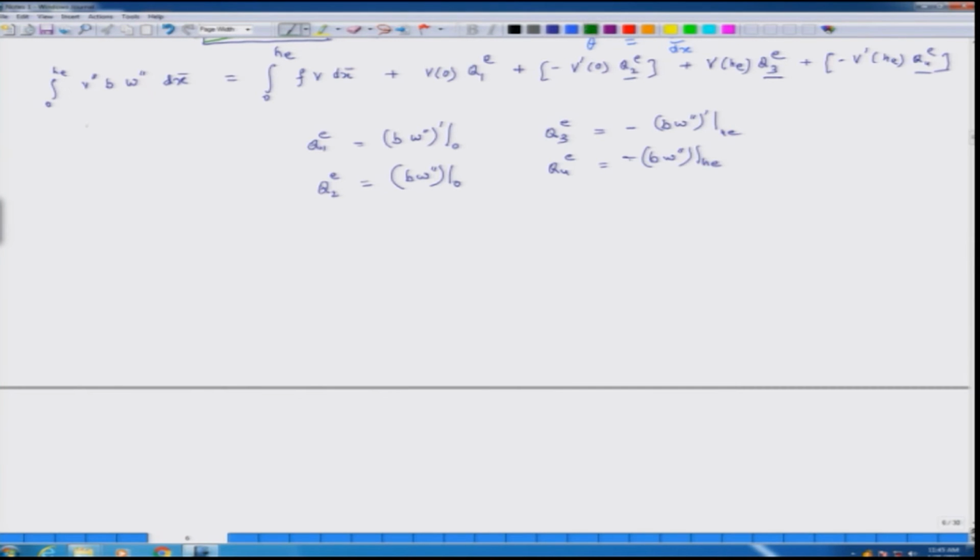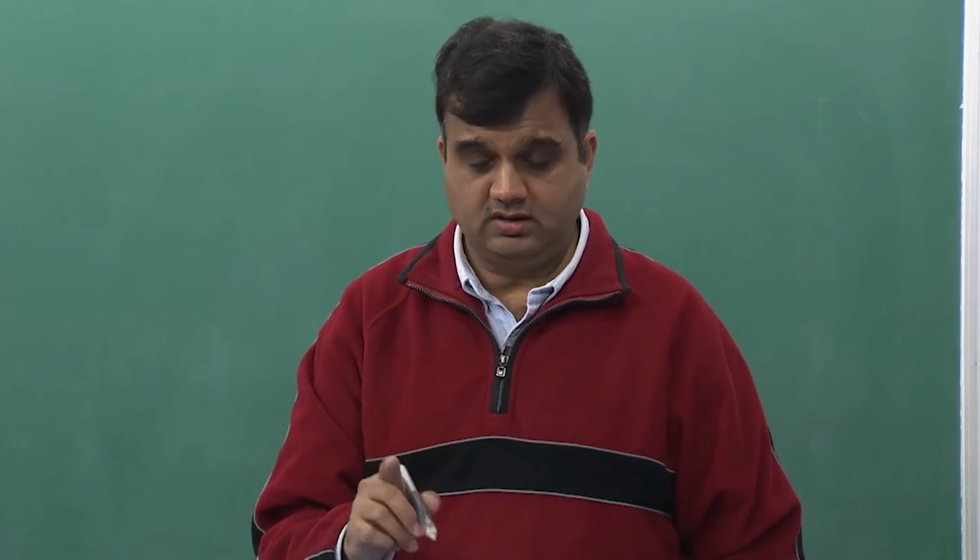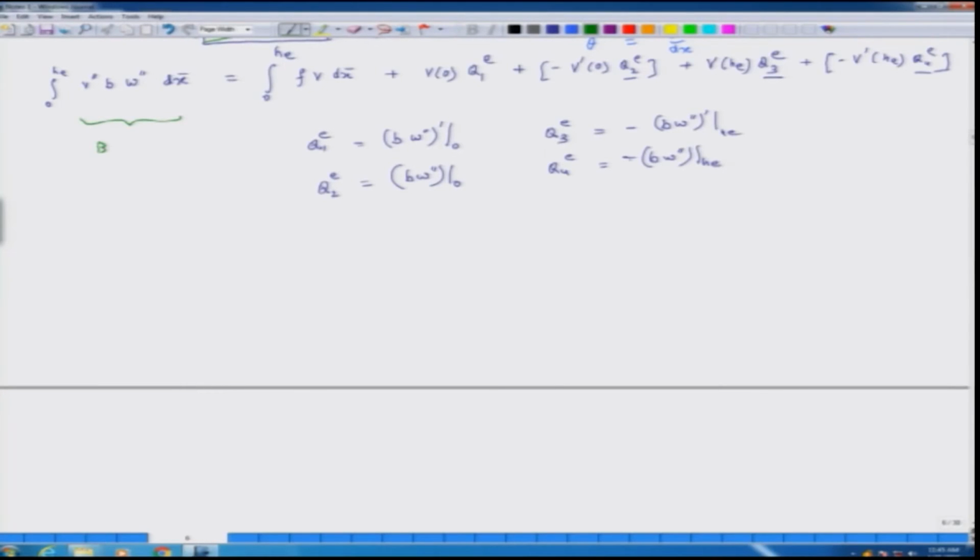Now, we will look at this. On the left side, this term is what? It is bilinear, right? It is bilinear and also symmetric in V and W. So, I will call it B of V and W. It is bilinear and symmetric.